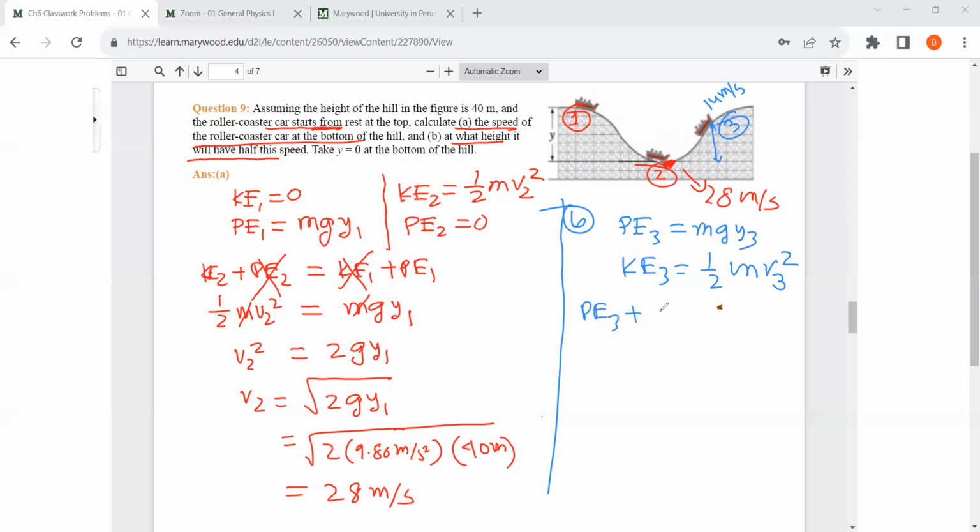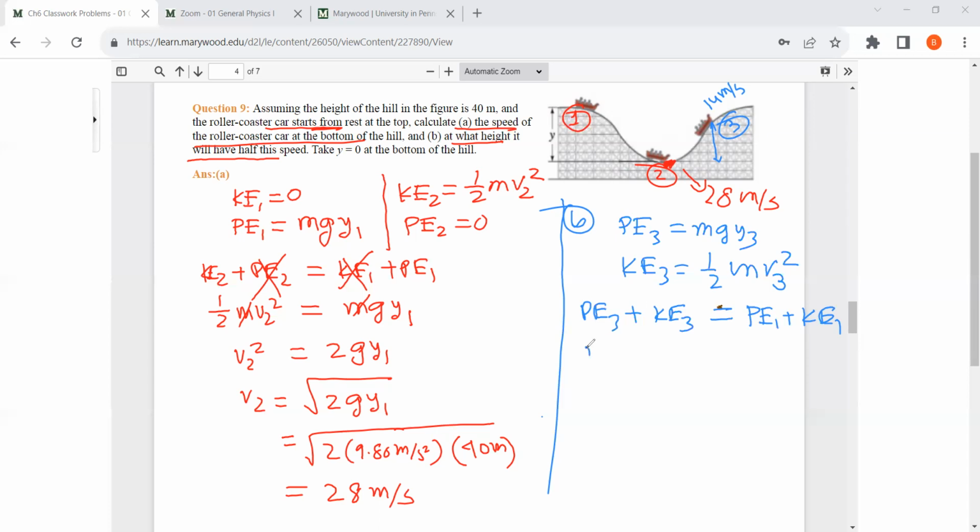PE3, this is our final position. The initial position is PE1 plus KE1. On the right hand side, you can also use the potential energy 2 and kinetic energy 2. It doesn't matter. So let me use PE1 and KE1.